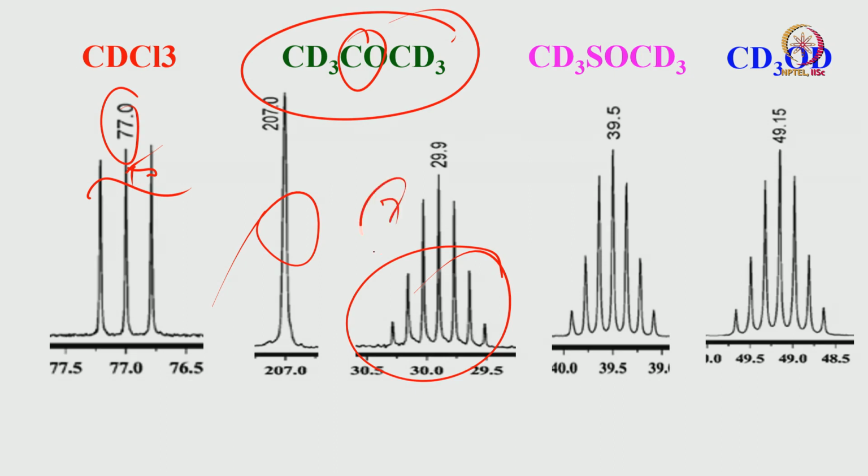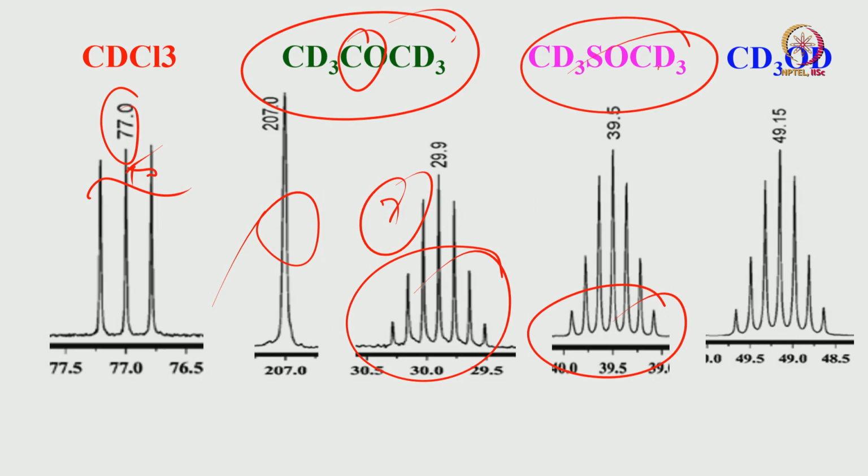Septet pattern you are going to get with different intensities which can be worked out. For CD3COCD3, this is the pattern you get. When you have dimethyl sulfoxide like this, again a 7 line pattern because CD3 groups are present. CD3OD, we get a pattern like that, again 7.